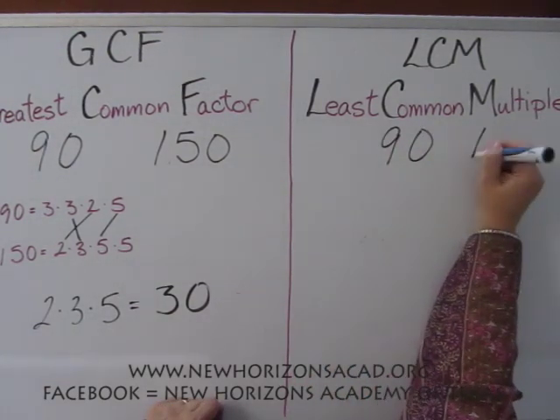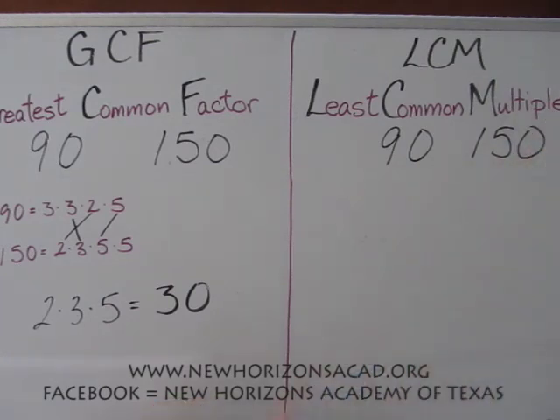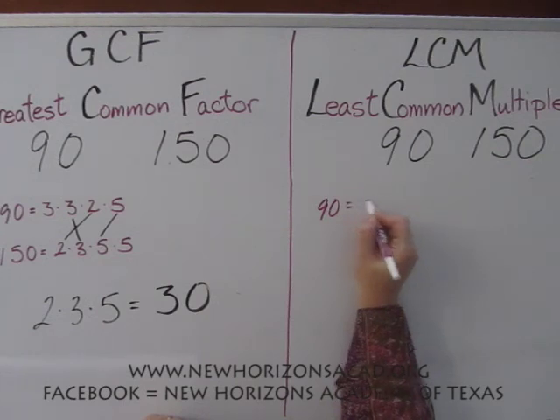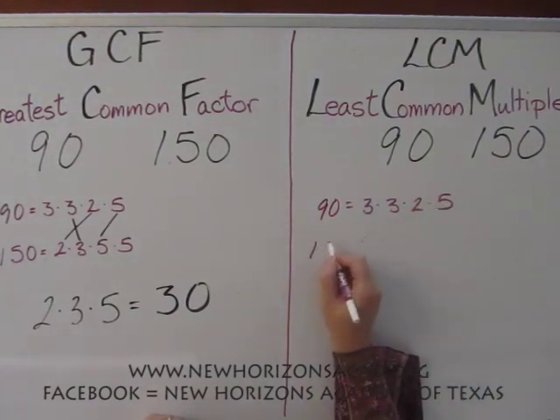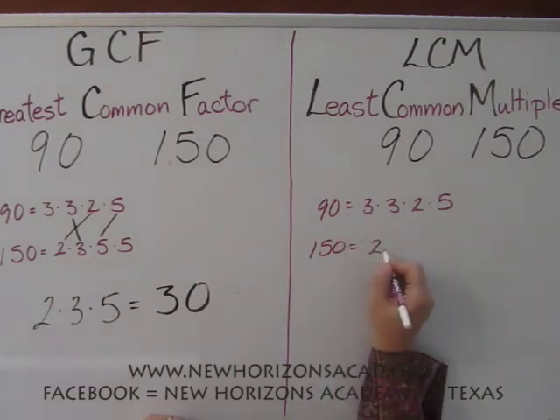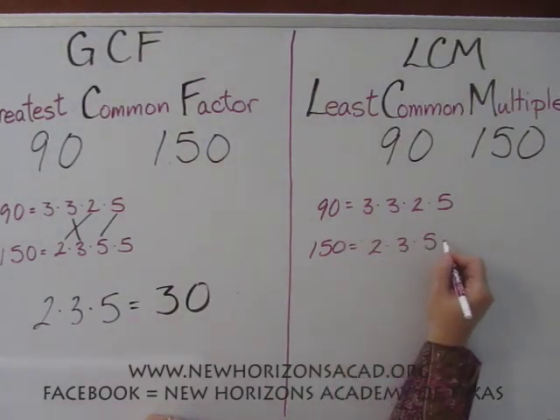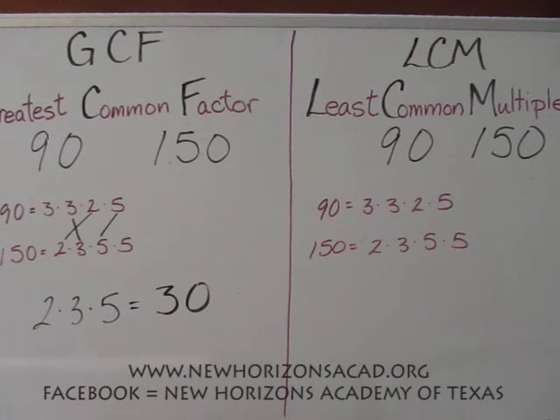Let's do 90 and 150, just like the other board. All right, my number, to be a multiple of 90, must have all the ingredients of 90.